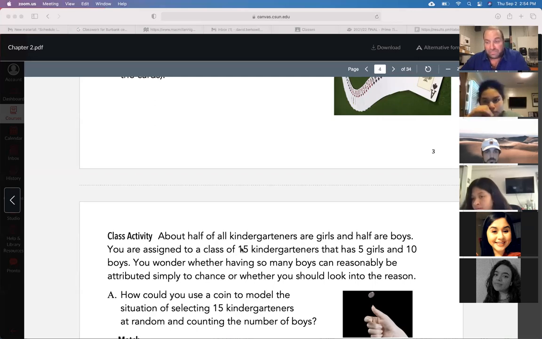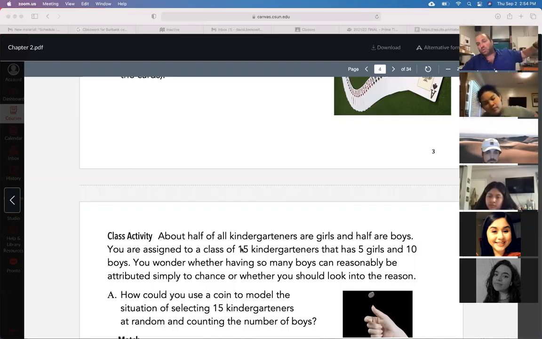And therefore, if I have 15 kindergartners, I would expect to have 8 and 7. That's what I would expect. Is 5 and 10 so far off the mark that I would start to question whether my belief was incorrect, or maybe something is really weird in this community or class or school, or maybe something is going on behind the scenes? I don't know.